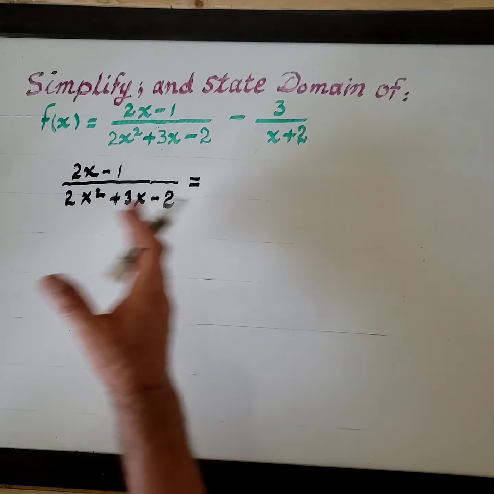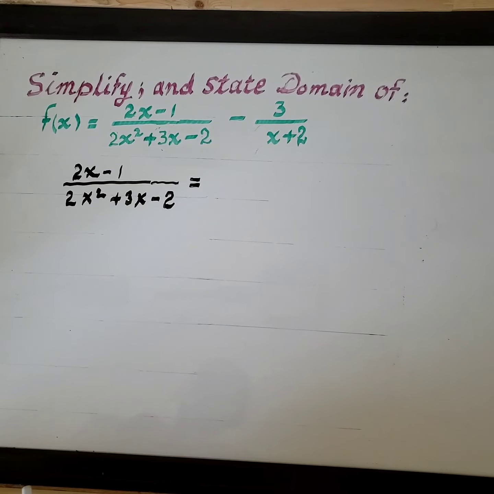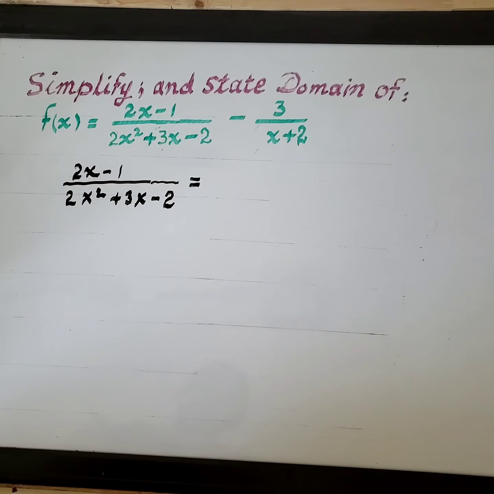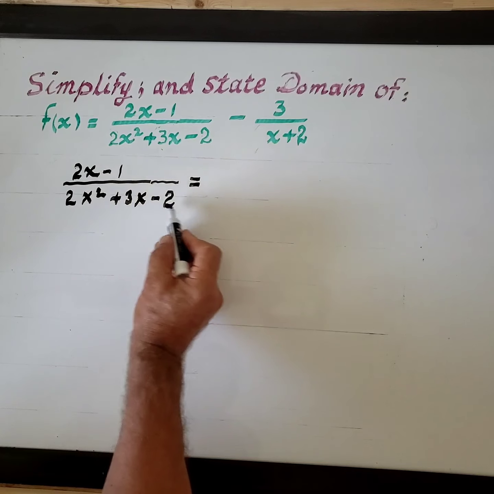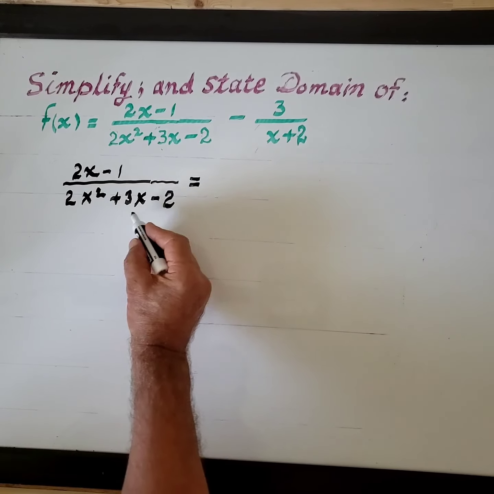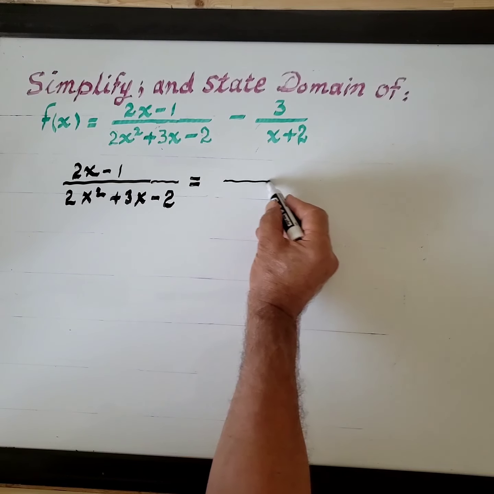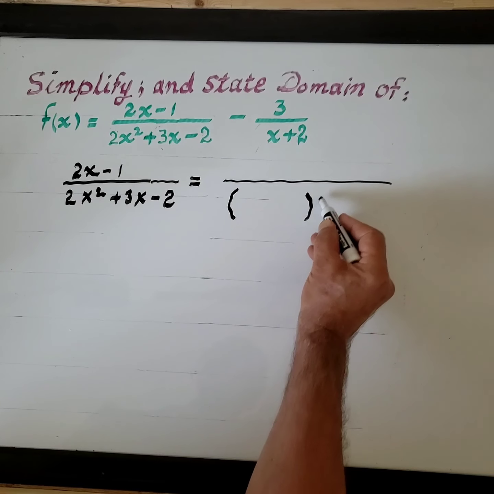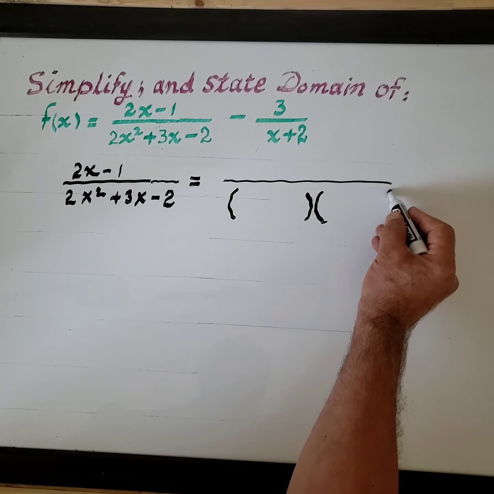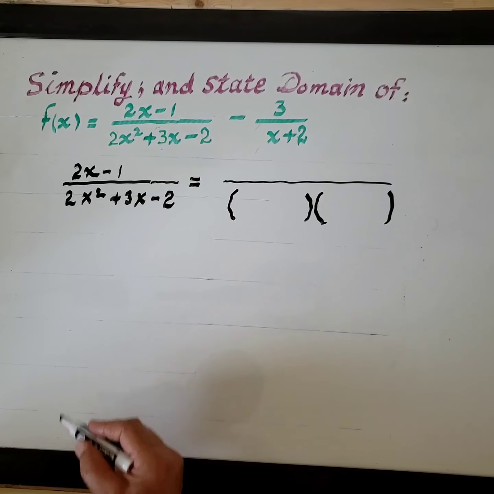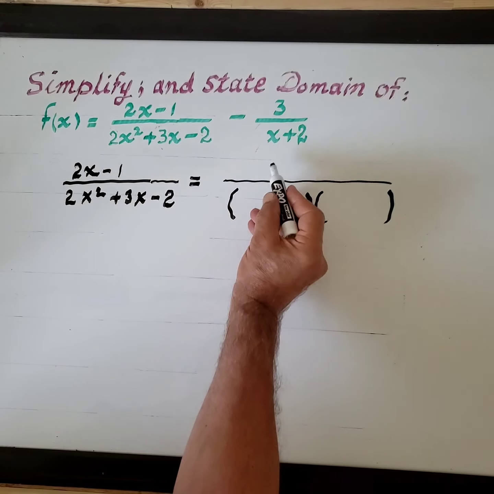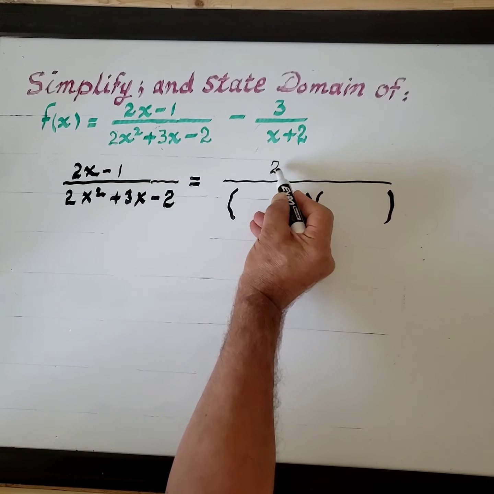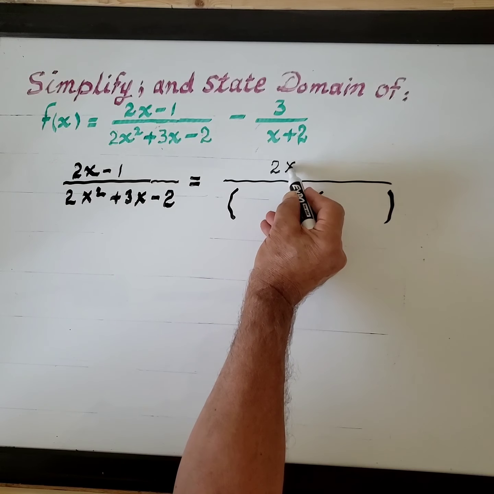After then we get the result for the two terms together. Here the denominator can be factorized into two factors, that means two brackets multiplied by another two brackets. The numerator stays without any change, 2x minus 1.